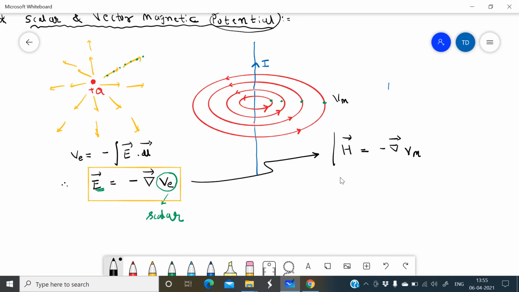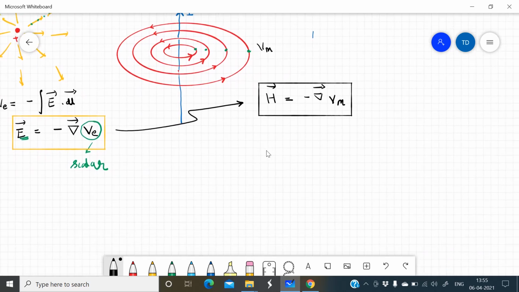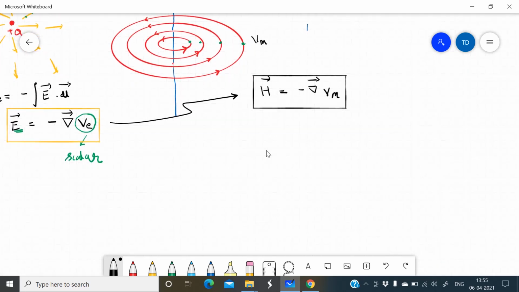Okay, so this is the equation for magnetic potential. Now I will take a curl on both sides of this equation, so we can write del cross H is equal to del cross minus del Vm.